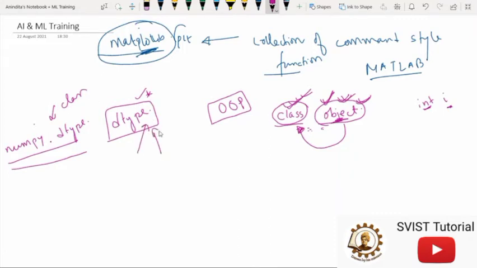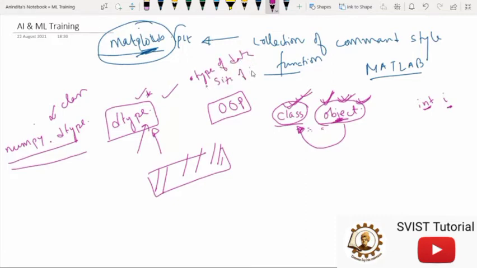So basically this dtype describes the bytes in the fixed size memory block corresponding to a particular array item. Means in one word it describes the type of the data we are dealing with and also the size of the data. Say if I am dealing with integer, then what is the size of the integer? If I am dealing with float, then what is the size of the float? So these two concepts can be depicted by this dtype.